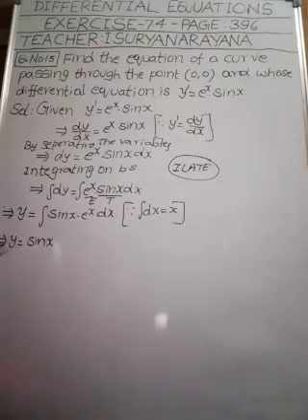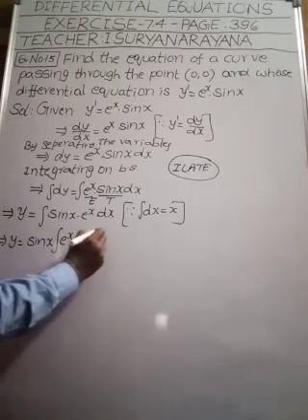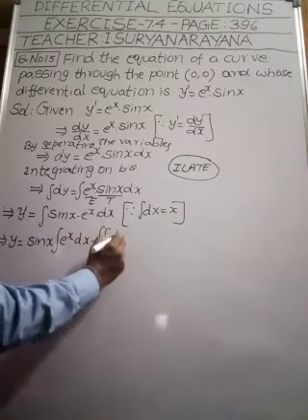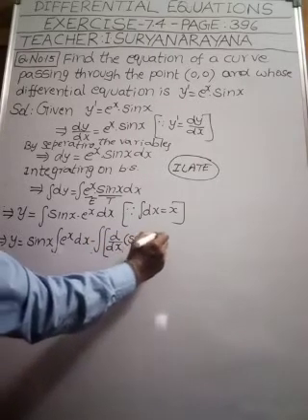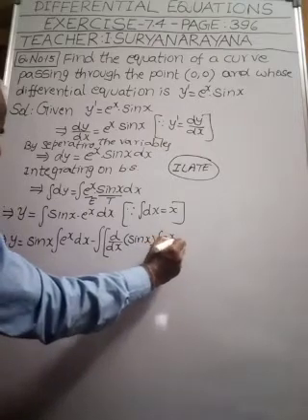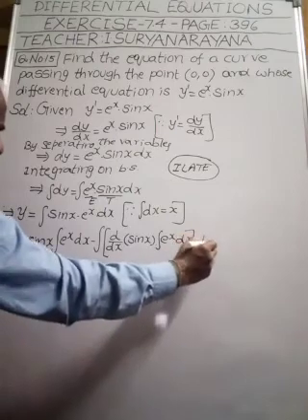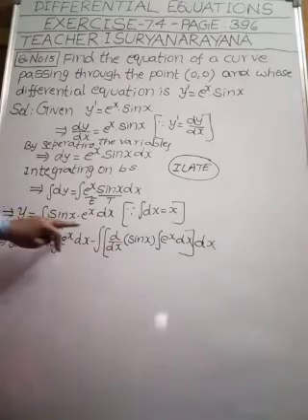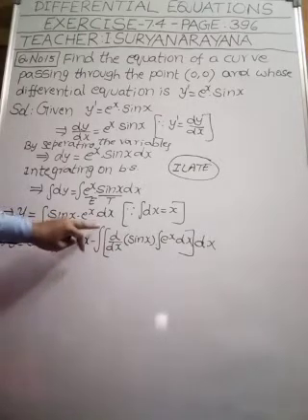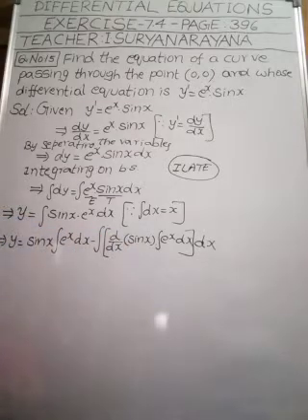Integration by parts: first function into integral of second function minus integral of d by dx of first function into integral of second function, whole dx. Yes or no, my children?